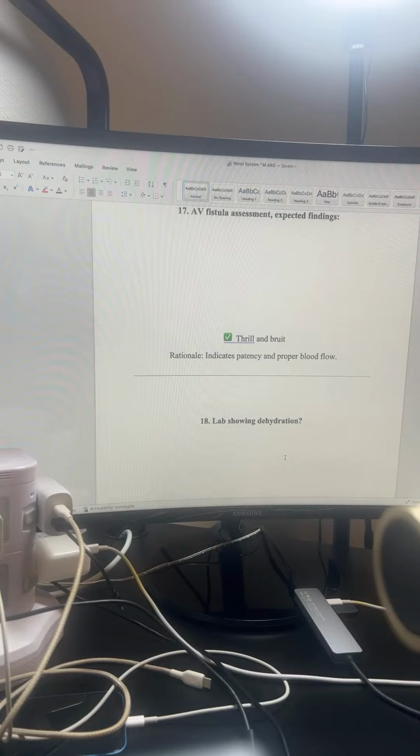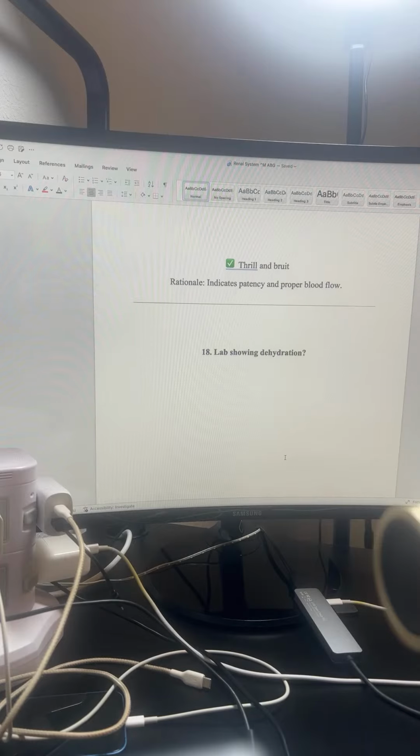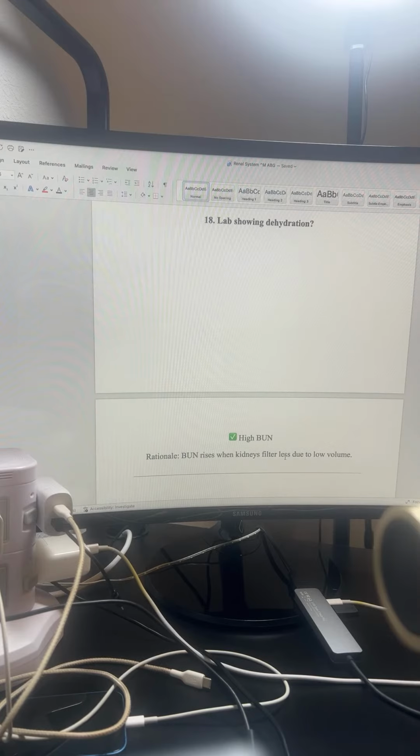But you have your specific gravity as well, BUN under 20. So BUN rises when kidneys filter less due to low volume. Creatinine, definitely.